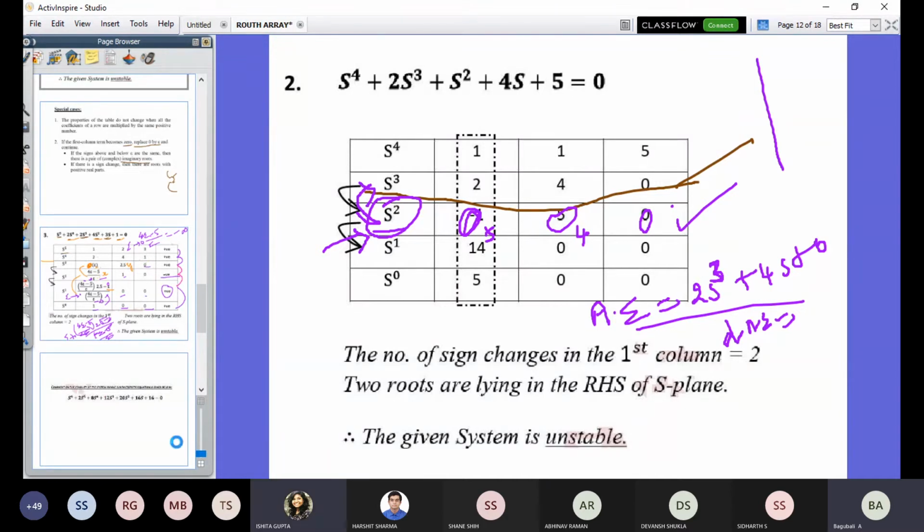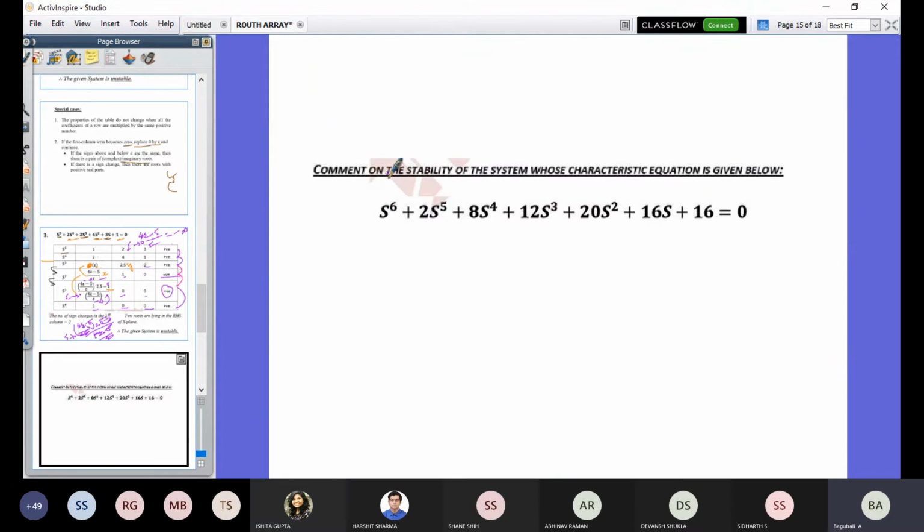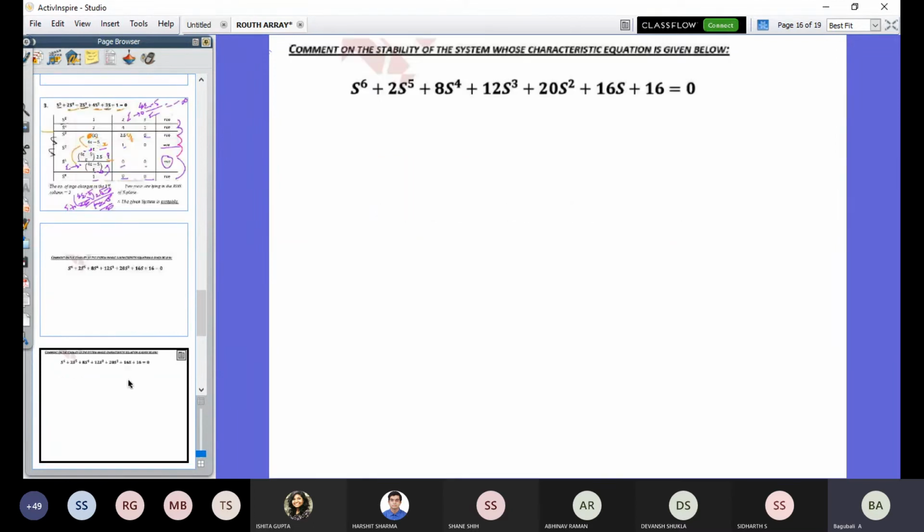Yes, sir. Okay, write down this next problem. Comment on the stability of the system whose characteristic equation is given below. Now you can write.